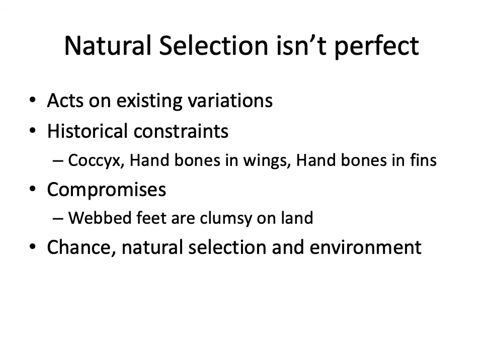And sometimes chance does play a role in evolution. Chance changes occur in the environment, and natural selection takes advantage of these changes, and chance and natural selection and the environment interact with each other.